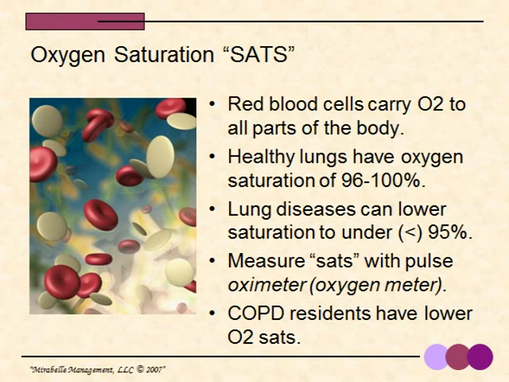One way we can measure how much oxygen is in the blood is by clipping a simple device on the finger called an oximeter, which digitally reads the percentage of saturated oxygen at a given moment. I have had clients whose saturation rates, or SATs, were in the 80s range, and as soon as oxygen was given, the saturation rate climbed to the high 90s.